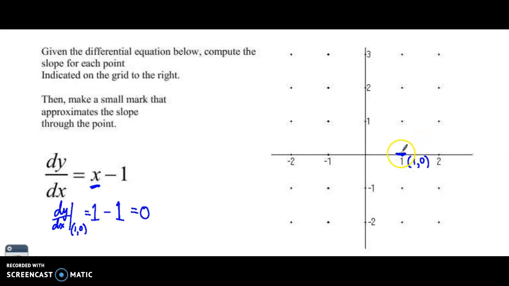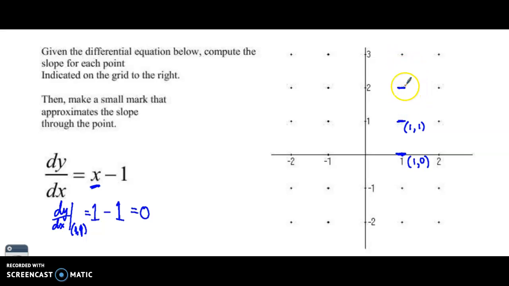Think of a tiny piece of rice or something like that that we just put right there. Now if I extended that line on, it would continue with a slope of 0, but don't do that, just a tiny sliver. And I'll just do one more at x equals 1 because the work will be the same, because there's no place to put in a y value, so it's still 1 minus 1, so this slope is still 0.